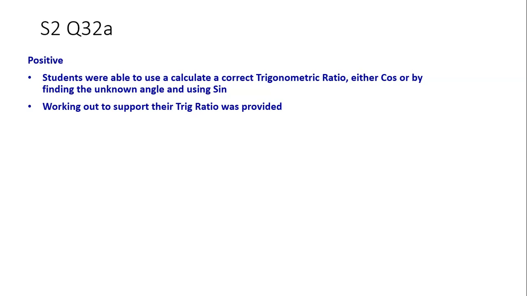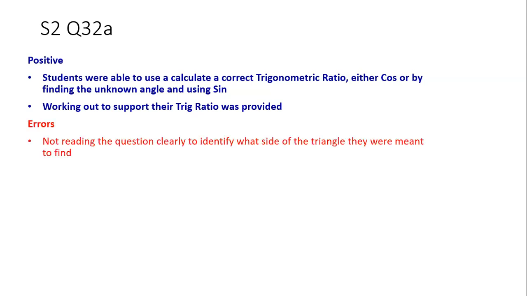Without that sort of methodical working, they tended to lose the plot and not find the correct side, but then they were able to use that in the next part of the question correctly. So they may have found one of the other sides within the triangle, obviously not answering this question, but they still needed it for the second part.